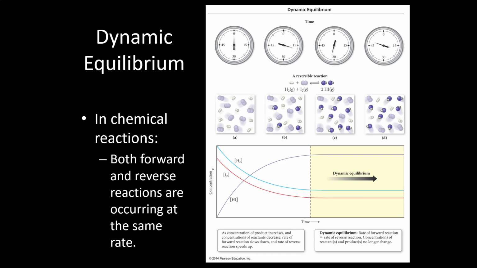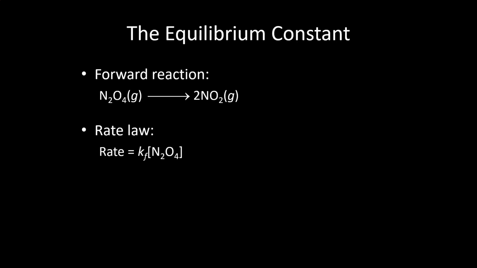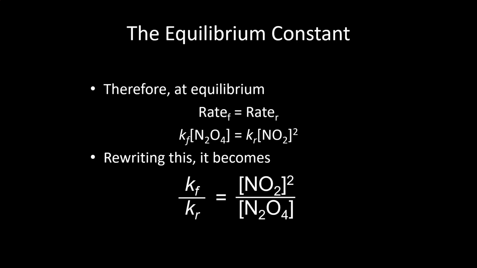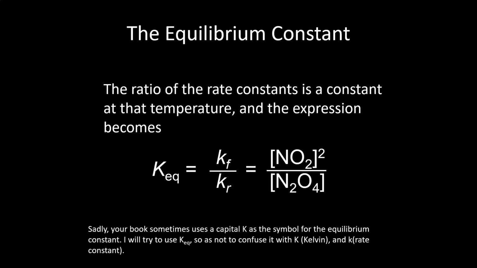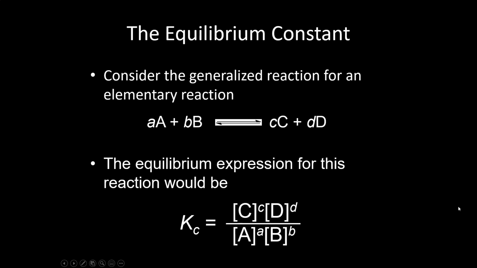You should definitely know what a dynamic equilibrium is, and you should know that chemical equilibria are dynamic. And you should definitely know how to write the equilibrium constant expression, because you will have to do that on the exam.